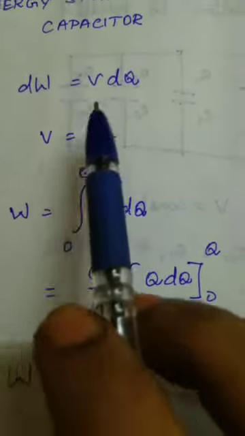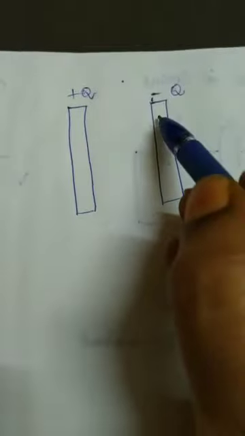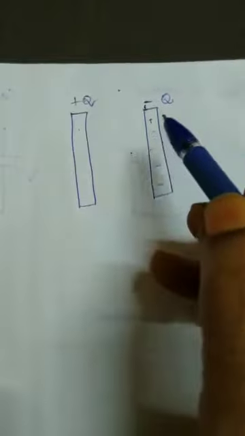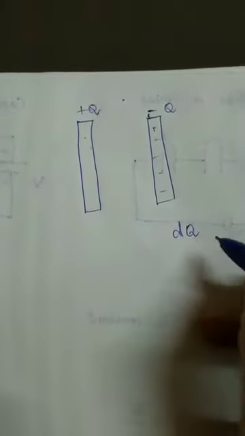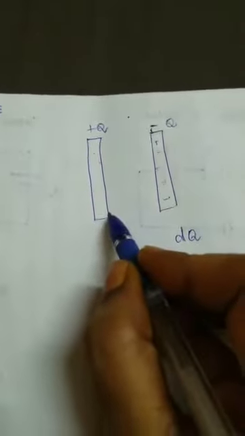So consider this as two parallel plates. Here it is minus Q and this one has plus Q. So here we are going to transfer some amount of charge, that is minus Q to plus Q. In order to transfer the charges from this to this, consider a small amount of charge dq being transferred from the first plate to the other plate.